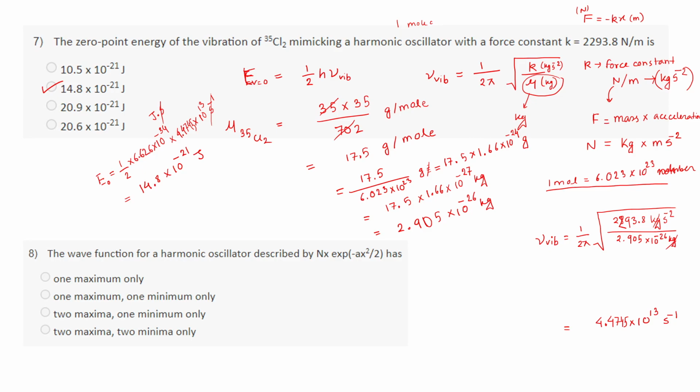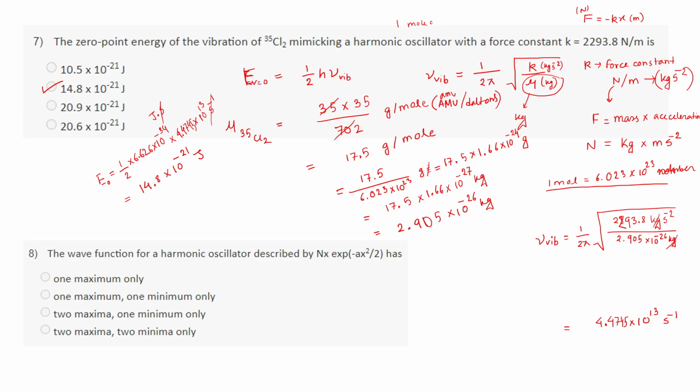When it is given in AMU, that is atomic mass unit, or in daltons, these are all the same. Gram per mole is the same as AMU, same as dalton. So the main trick was here. I hope you could solve this problem again. The main thing is the unit, so play with the unit.